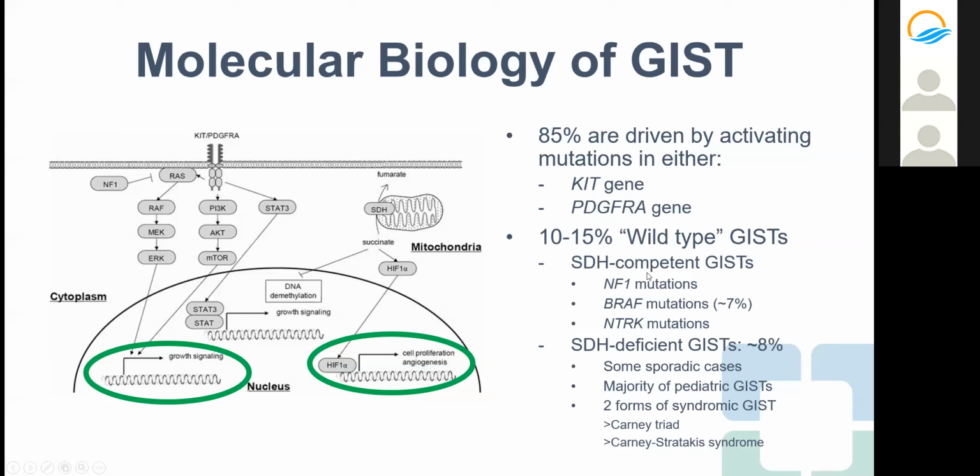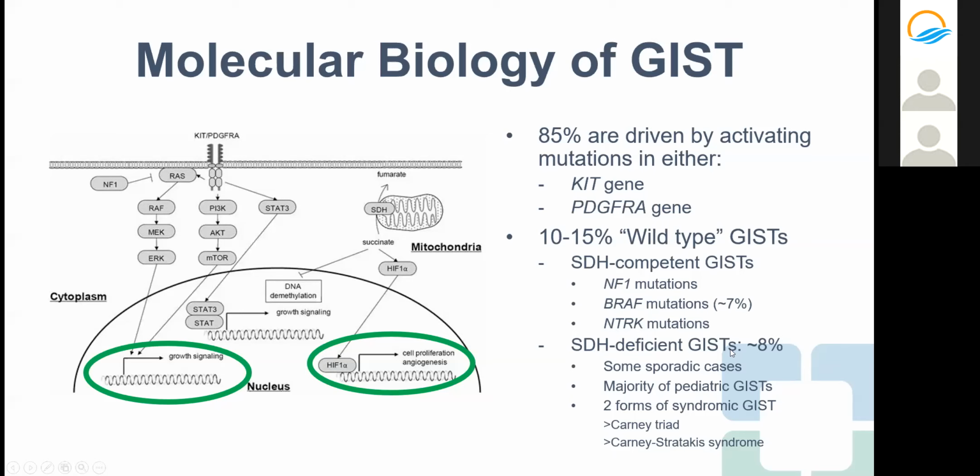About 7% of these SDH-competent GISTs house BRAF mutations, which might be a common gene name to you because it's mutated in many other tumor types, such as melanomas and colorectal carcinomas. Other tumors may harbor NTRK mutations, which is something we'll talk about and for which there is a specific targeted therapy. And then rarely these tumors also harbor NF1 mutations and arise in patients that have neurofibromatosis type 1, which we will also talk about on future slides.